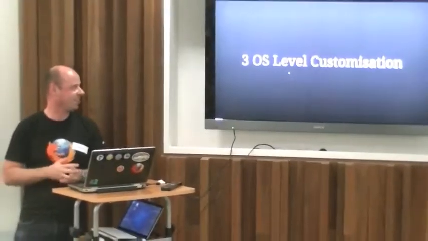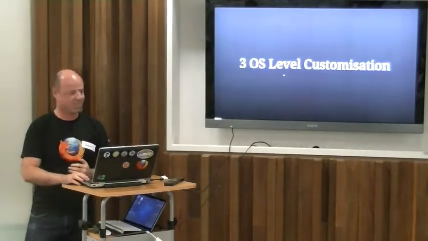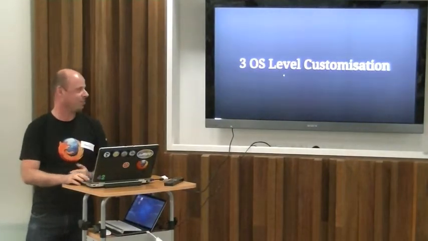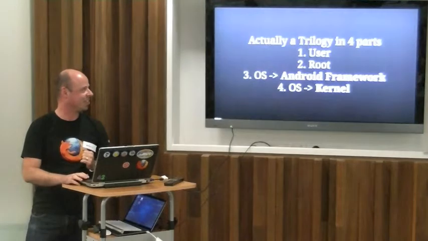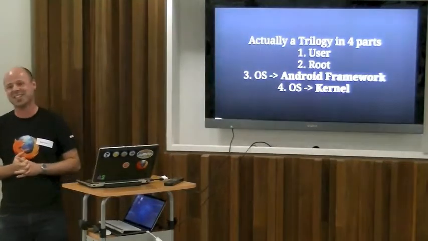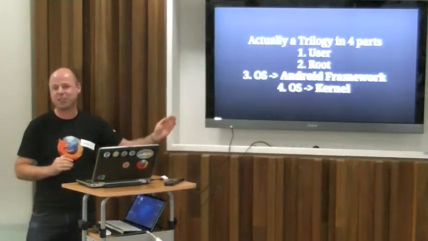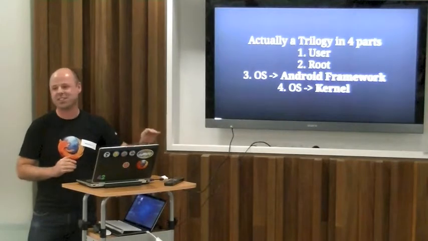So onto the third level, which is now we're going down and down, and now we're into the really dark depths of OS level customization. And in fact, I lied. There are actually 4 parts. So there's the operating system when it comes to the Android framework, and then below that is the kernel.